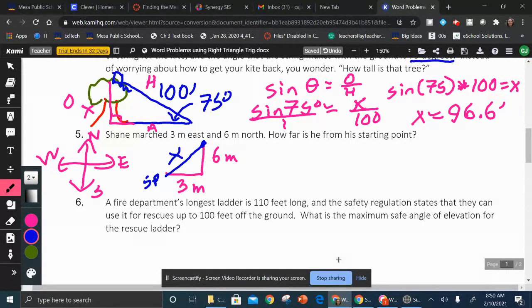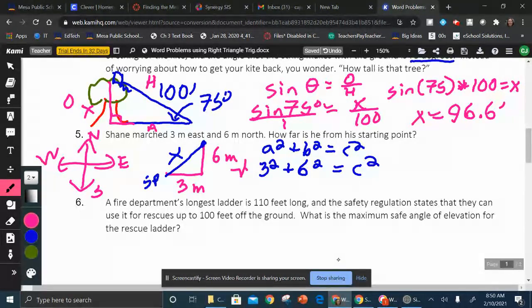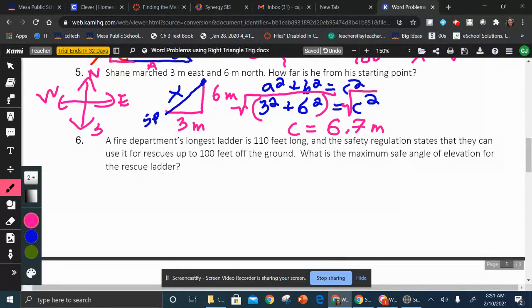Okay, so we're looking for x. We have 2 sides and we're looking for the third side. It's going to be 3 squared plus 6 squared is equal to c squared. We're going to take the square root. So we get c is equal to 6.7 meters.